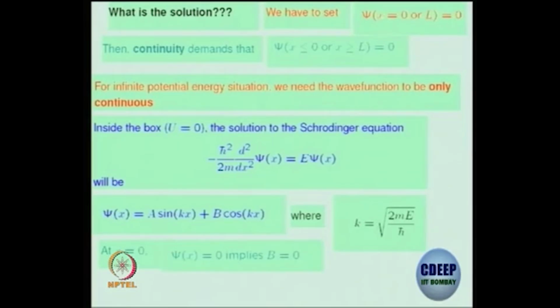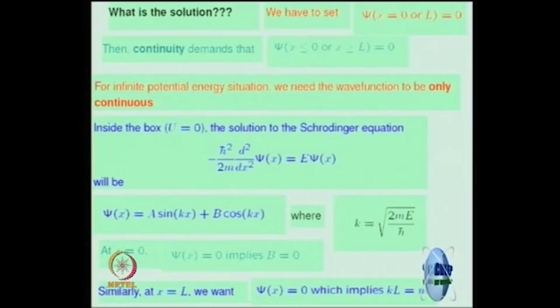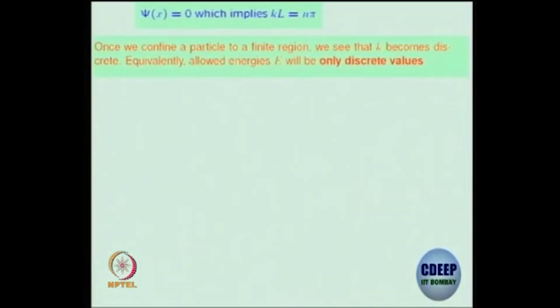At x equal to 0, you want your wave function to vanish, and that forces you to make D to be 0. This is the way you went through the derivation. Similarly, at x equal to L, you can try and show that it will again be 0 if k is quantized in this fashion, kL equal to n pi.